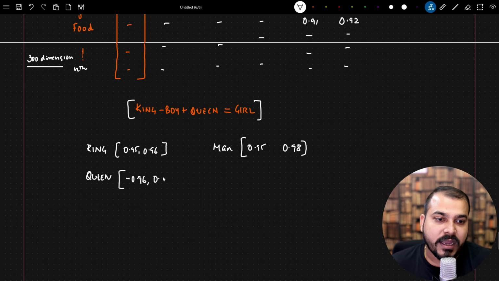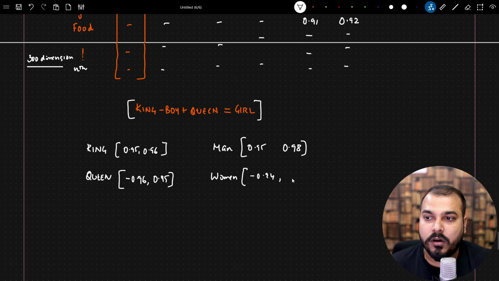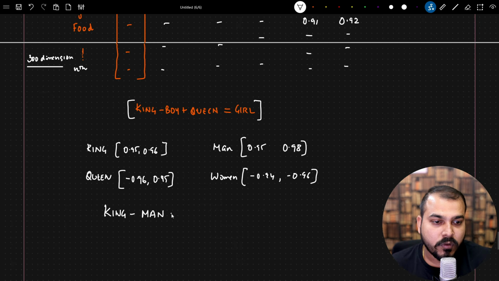And again, this can be a similar keyword, similar vocabulary. With respect to woman, let's say I have something like 0.94 or 0.96. Then if we do the calculation of king minus man plus queen, I'm going to get woman as the output.